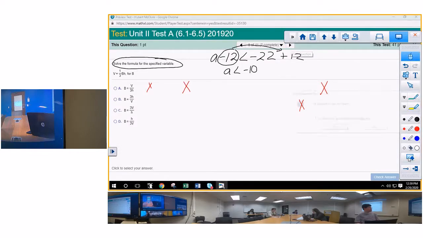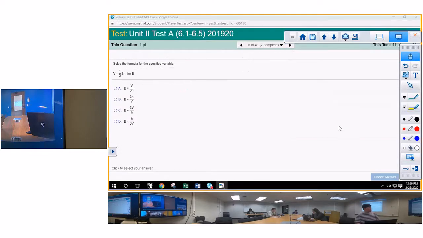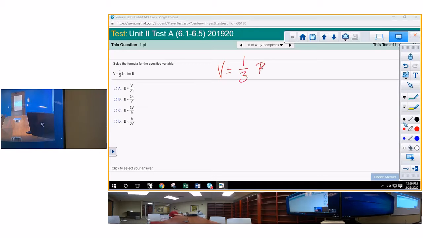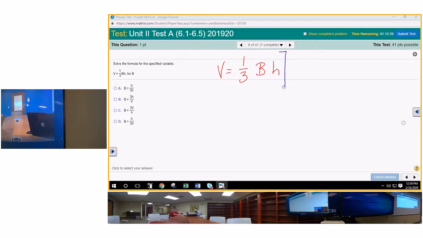Use the formula. Okay, we are solving for B, but first thing I'm going to do is what? Get rid of the what? Fraction. Thank you. So I'm going to multiply both sides by what? The reciprocal?